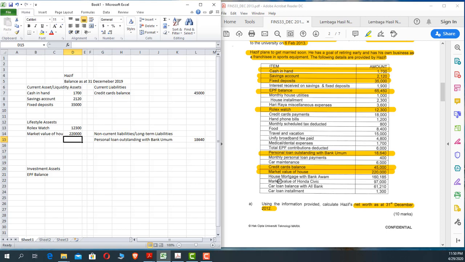Okay, so the next half mortgage with Bank Awam. Yang ni pun based on your liabilities. House mortgage.